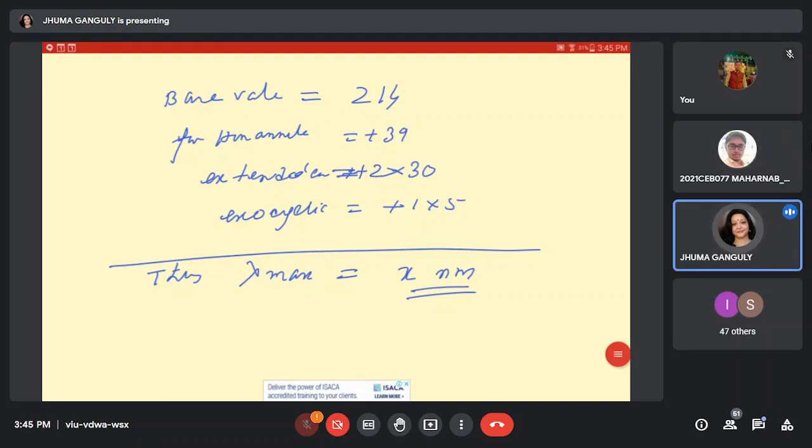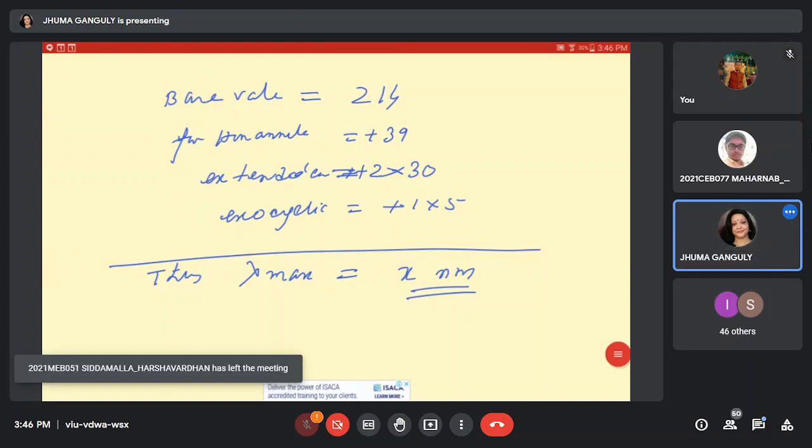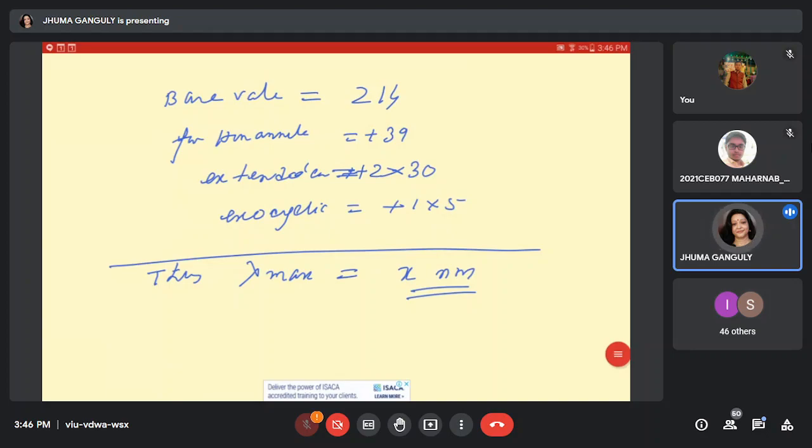But now tell me the limitation. What is the limitation of Lambert-Beer's law? Ma'am, valid only for dilute solutions? Yes. This is A equal to epsilon L C, so it should be a straight line, y equal to mx plus c.